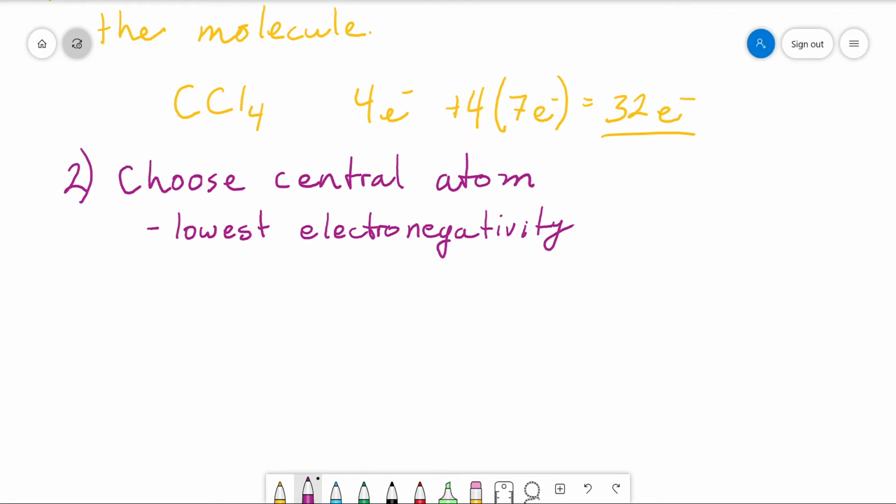I'll give you a couple hints here. It is never, and I mean never, fluorine or hydrogen. Never fluorine or hydrogen. And another hint: it's carbon if you have carbon.